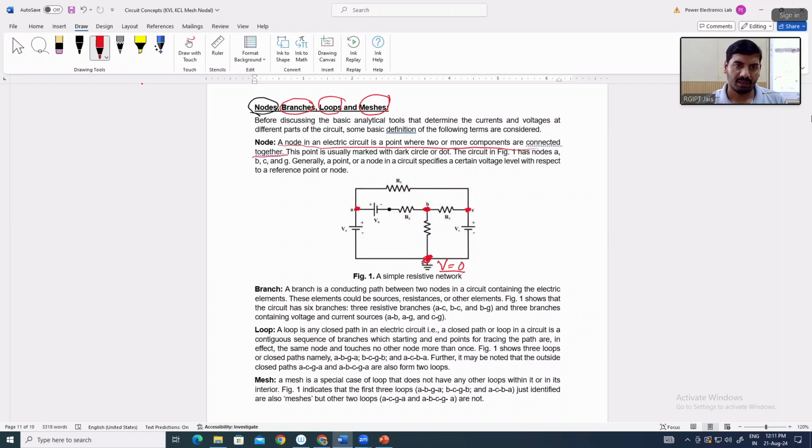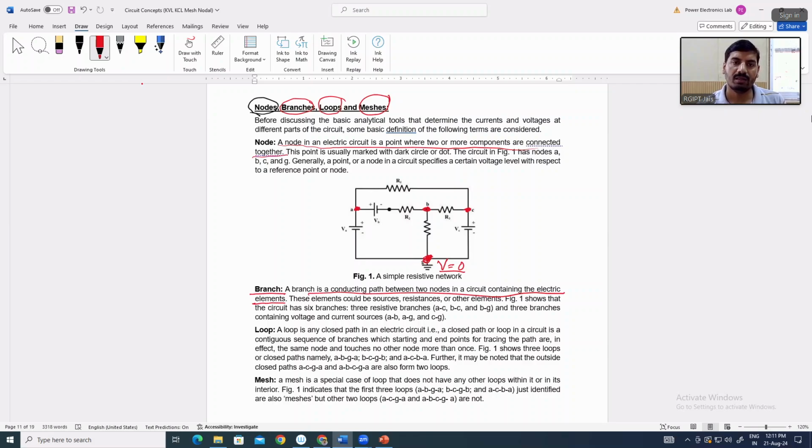Next is branch. What is the definition of branch? A branch is a conducting path between two nodes in a circuit containing electrical elements. So a branch is simply a connecting path or conducting path between two nodes.